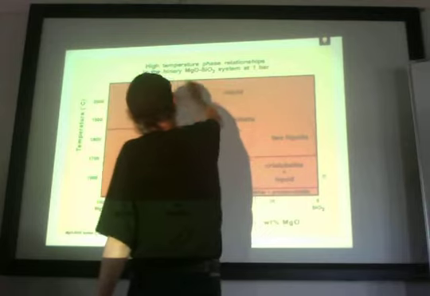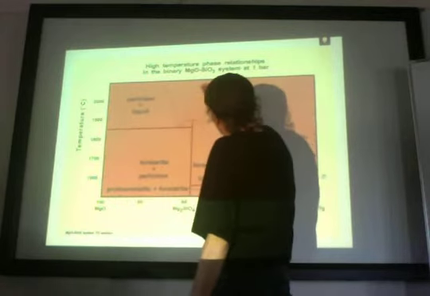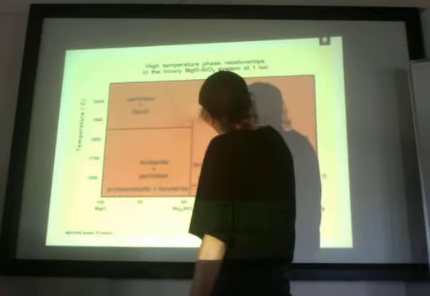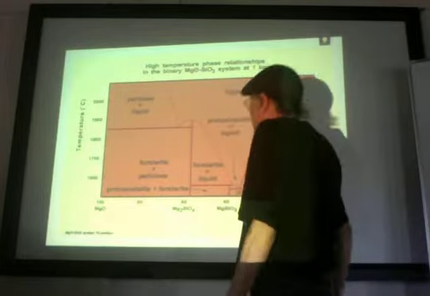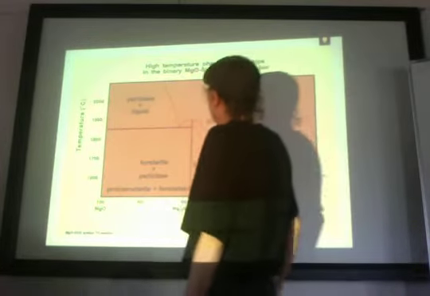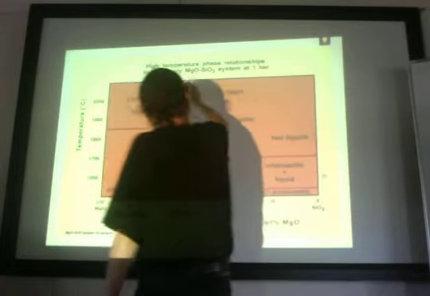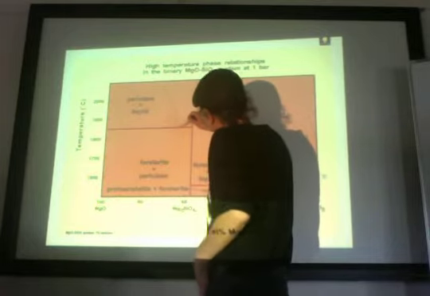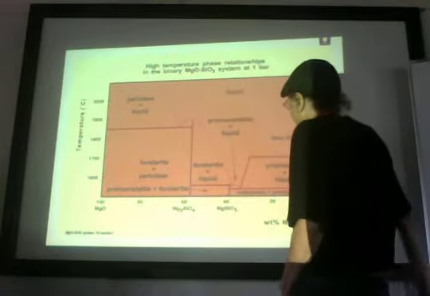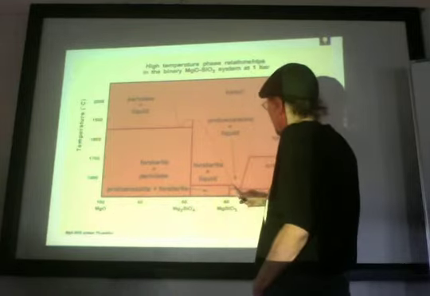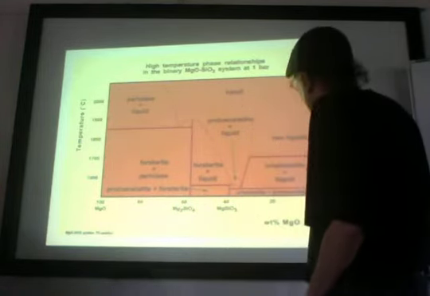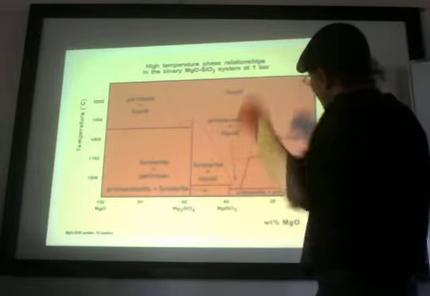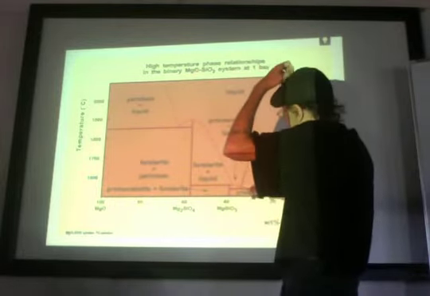If we are cooling down our melt, you can go on the thermal boundary in this direction, or you can go down in this direction. If we are cooling it down along this curve, then we come to this eutectic. So here we have again the peritectic, which is for incongruent melting, and here again the eutectic.